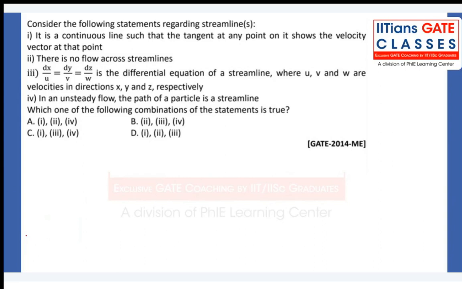It is a continuous line such that the tangent to it at any point shows the velocity vector at that point. There is no flow across this streamline, and these are the equations of a streamline. That is correct. In unsteady flow, the path of the particle is the same as the streamline. That is not correct. So 1, 2, 3 are correct, so D will be correct. Right, so make a note of it.